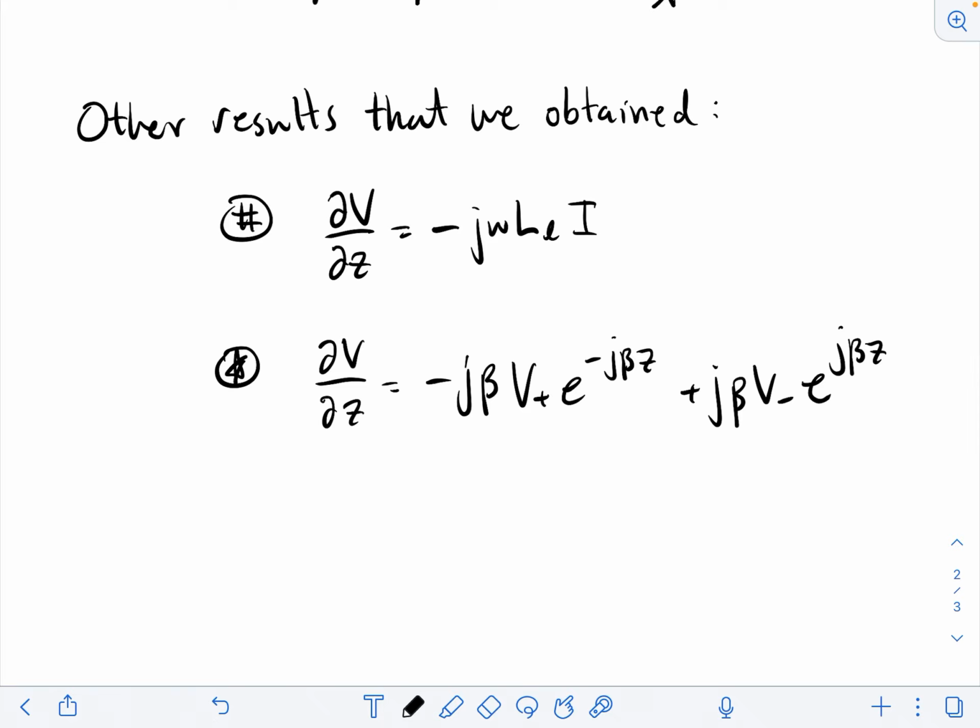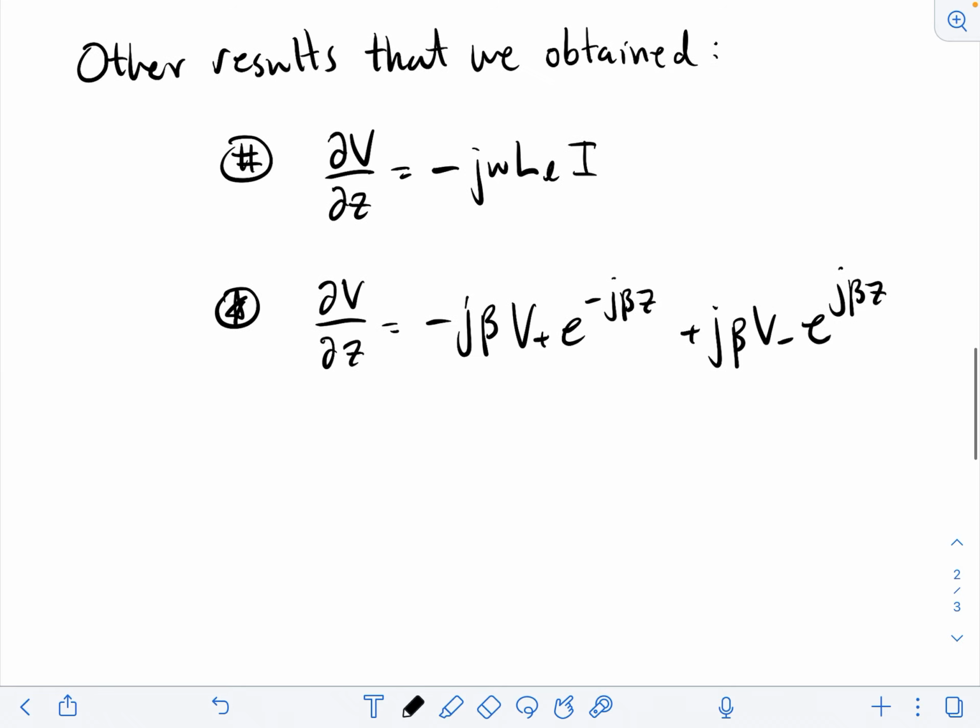Our starting point is to say, let's take these two results. They're both for the same thing, dV/dz, so they must be equal to each other. So we're going to set number sign equal to star.